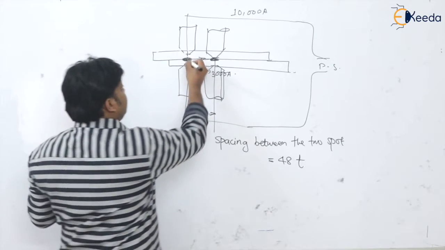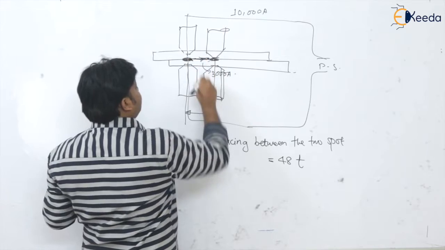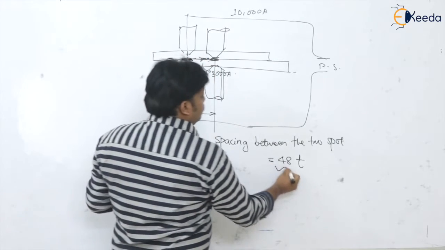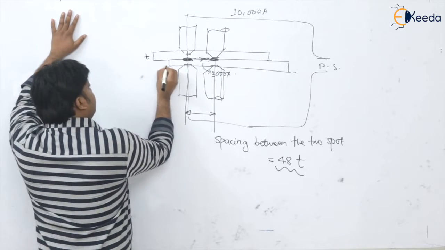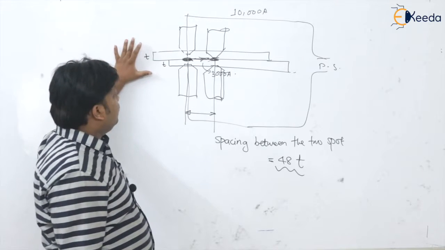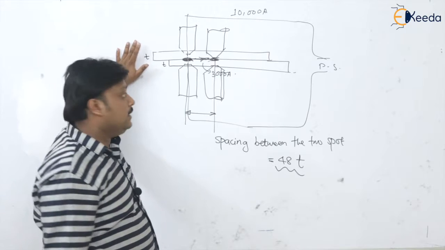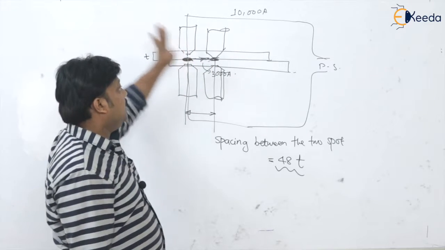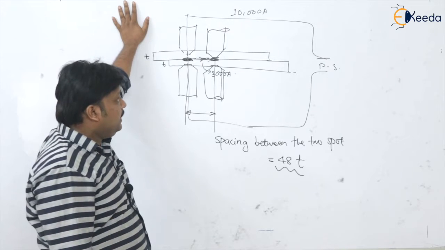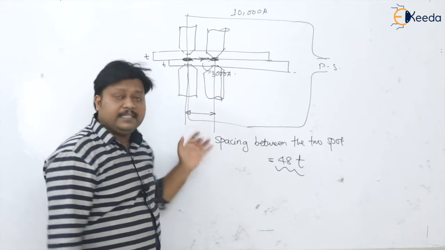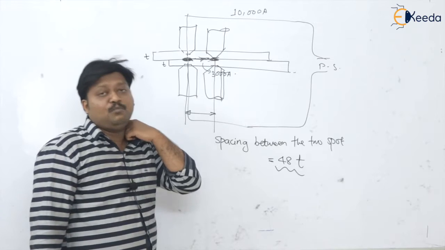If we put the distance between the two spots at 48 times the thickness T of the plate, then we can eliminate this shunting and the required current can be obtained without any loss. So this is the thing in resistance spot welding.